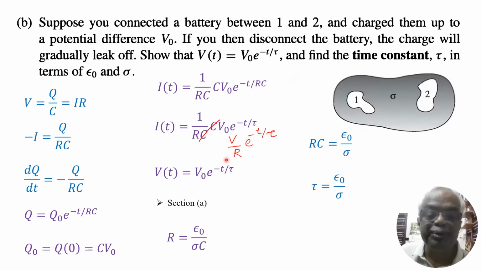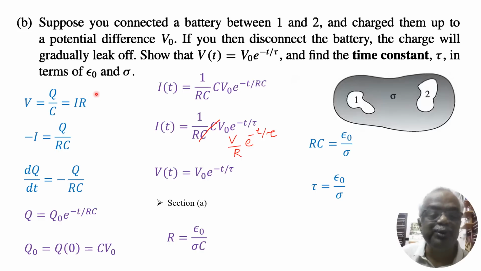Now if you bring R to the other side, R into I is nothing but voltage. So this will become V of t equals V naught e to the power minus t over tau.